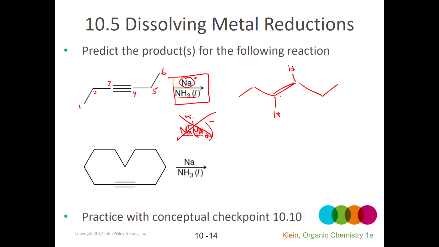And that would be trans 3-hexene or E3-hexene. We'll do the same thing here. So here I've got 1, 2, 3, 4, 5, 6, 7, 8, 9, 10, 11 carbons. And I'm going to add the hydrogens across that double bond. I'm going to do so in a trans fashion through the mechanism we just talked about.